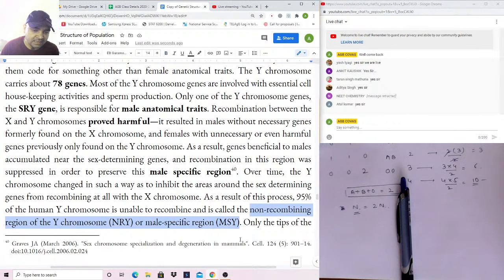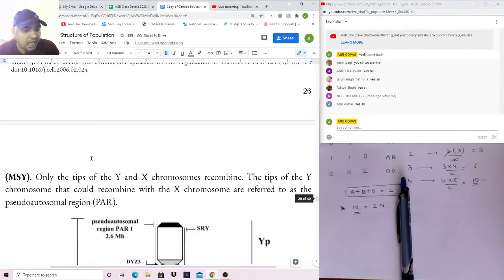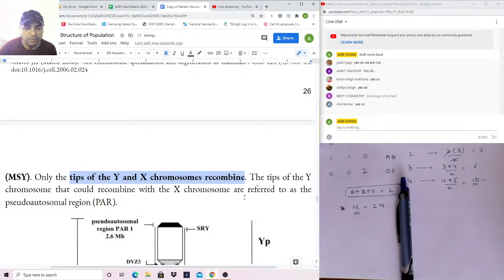So it is either NRY or MSY, and it is 95% of the region of the Y chromosome that does not recombine with the X chromosome. Only the tips of the Y and X chromosomes recombine. It is important to understand that only a few genes are able to recombine in the case of the Y and X chromosome.